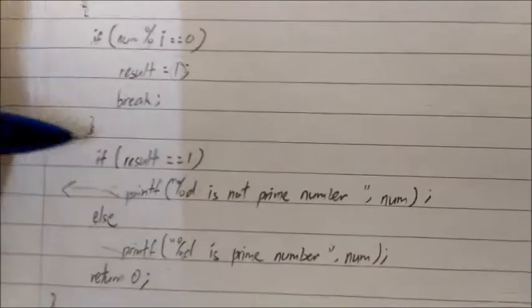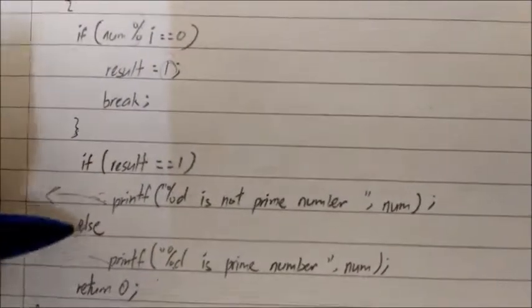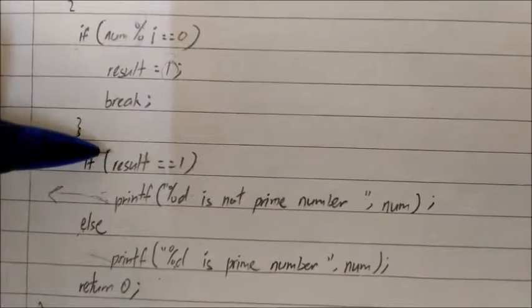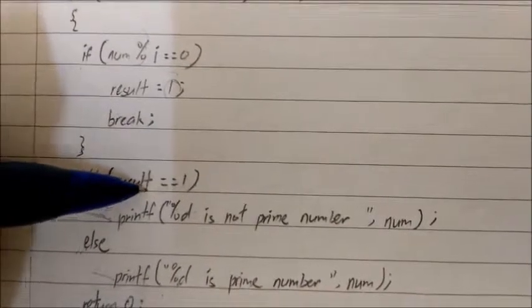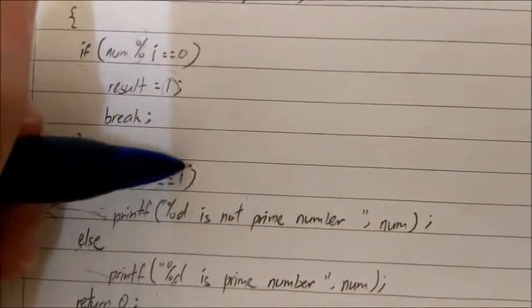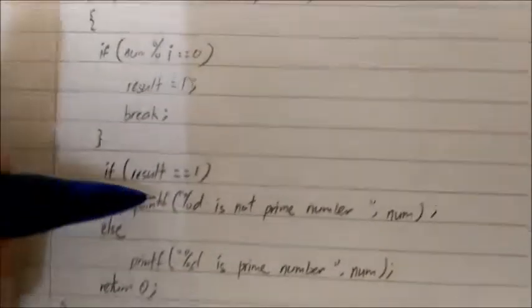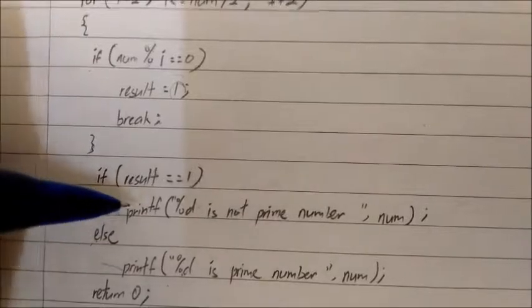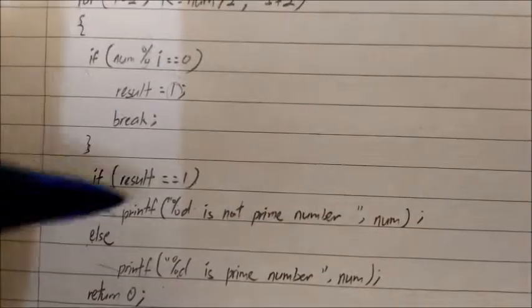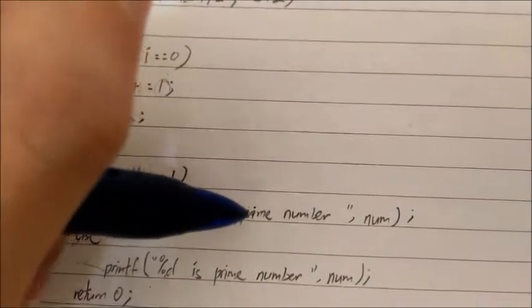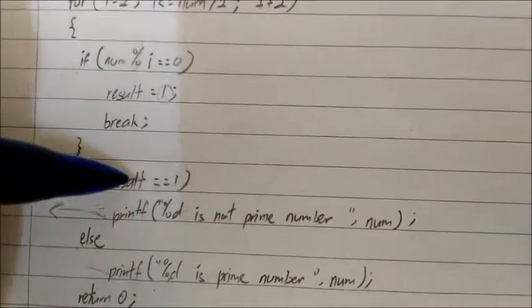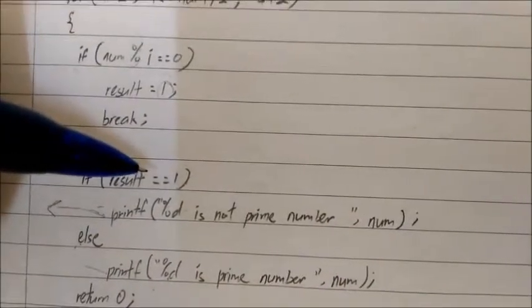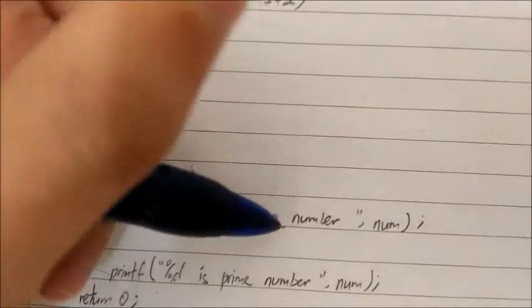After this, an if else statement. If result equal to 1, so it is not a prime number.